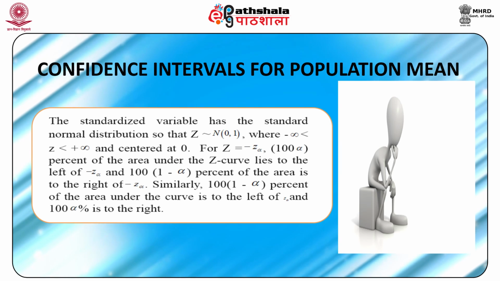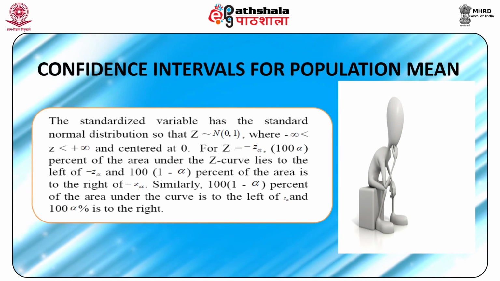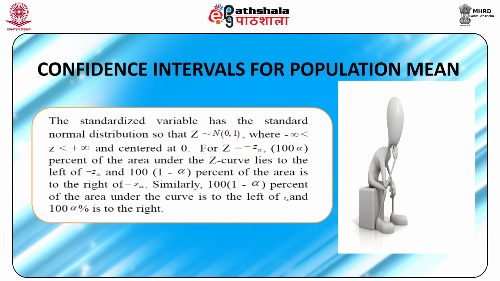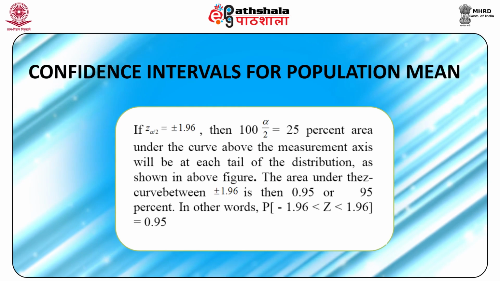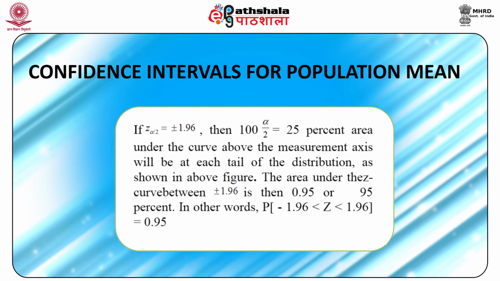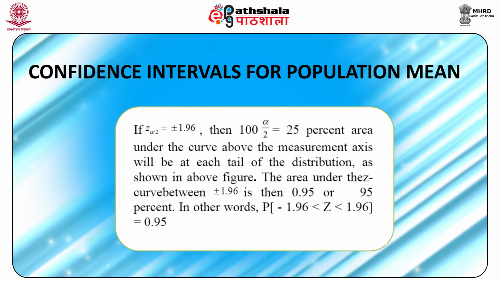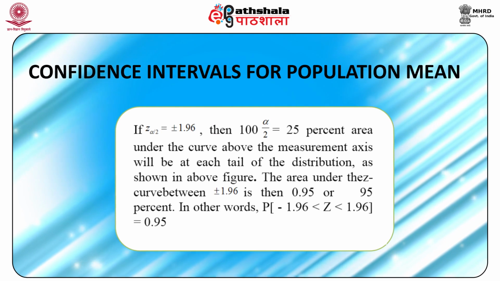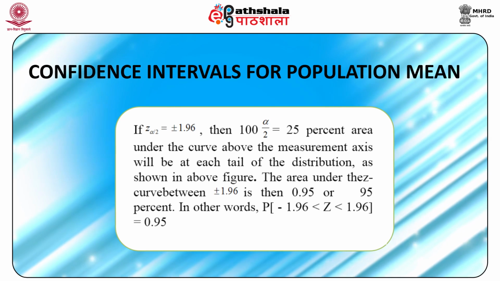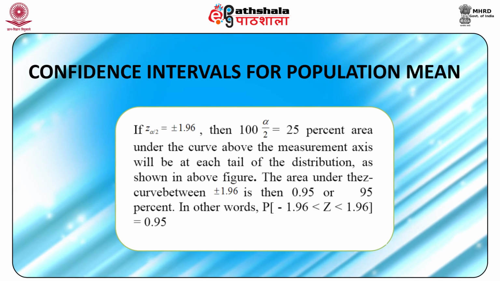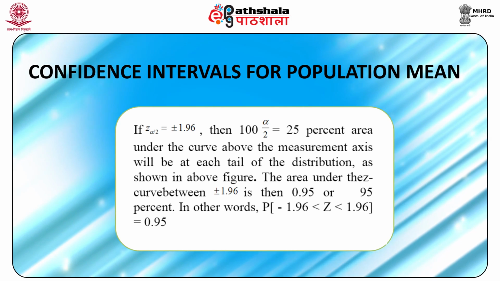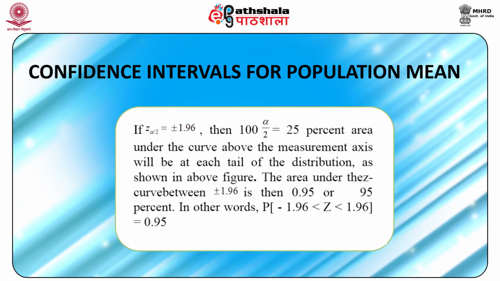Similarly, 100 into 1 minus alpha percent of the area under the curve is to the left of z alpha, and 100 into alpha percent is to the right. If z alpha by 2 is equal to plus minus 1.96, then 100 into alpha by 2, which is 2.5% of the area under the curve above the measurement axis, will be at each tail of the distribution, as shown in figure 1.